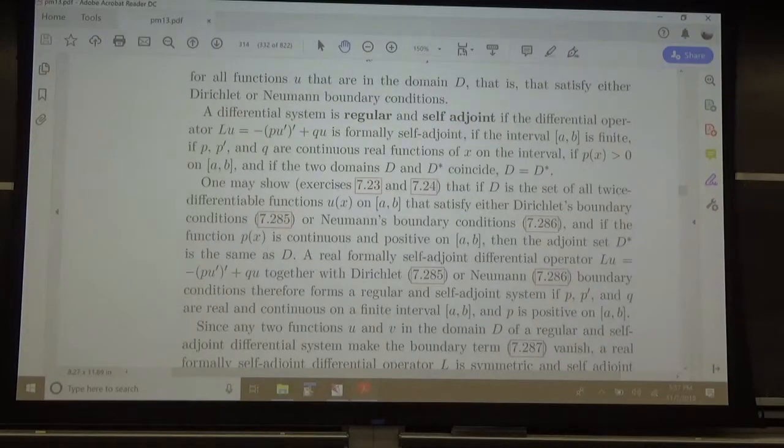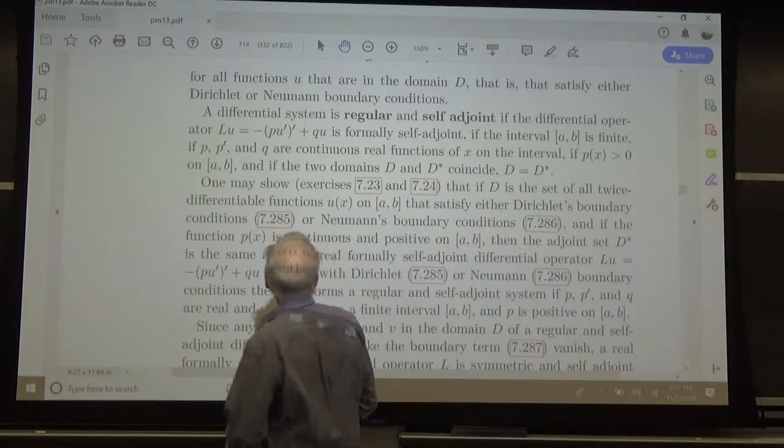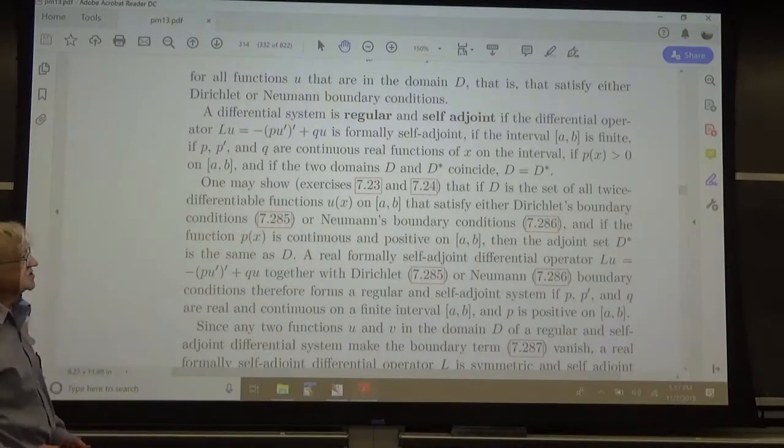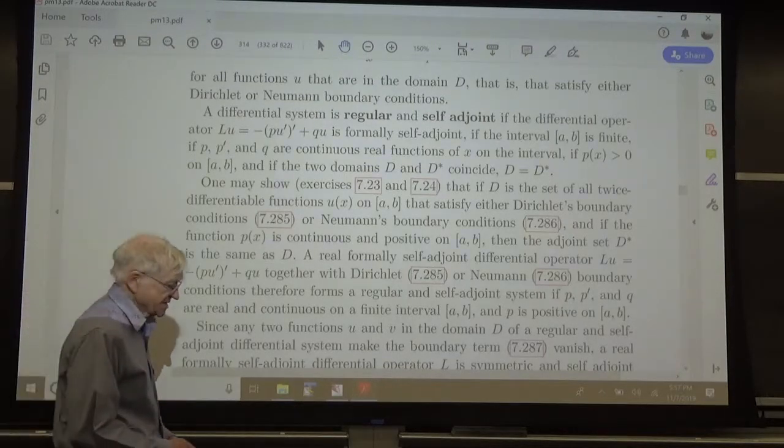And so what we'll say then is that a differential system is regular and self-adjoint if the differential operator is formally self-adjoint, if the interval is finite, and if p, p prime, and q are continuous real functions of x on the interval, if p is positive on the closed interval, including the endpoints, and if the two domains are the same, D and D star.